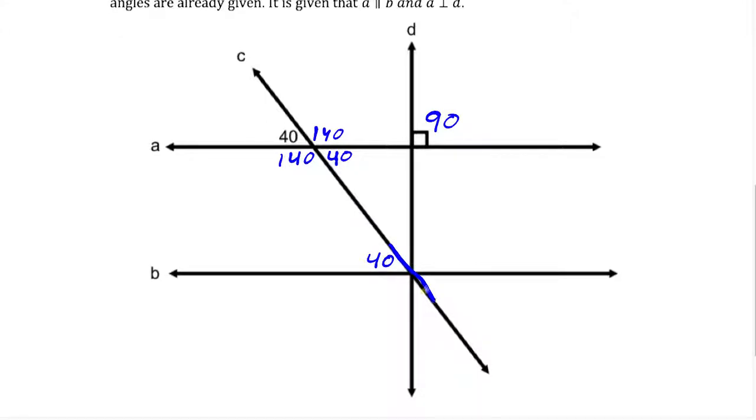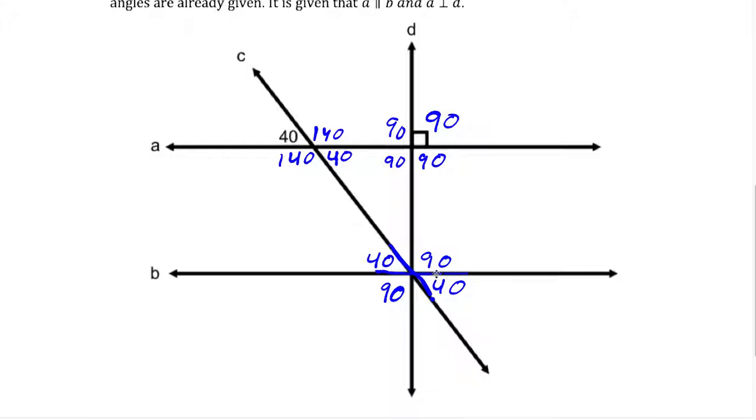Following these lines, we can see that these are vertical angles, so that's also 40. I'm actually going to rewrite that so it doesn't look like a 90. Corresponding angles: first off, if this is 90, then all these angles around here are 90. If this is 90, this is 90, and we have vertical angles here to make that 90.